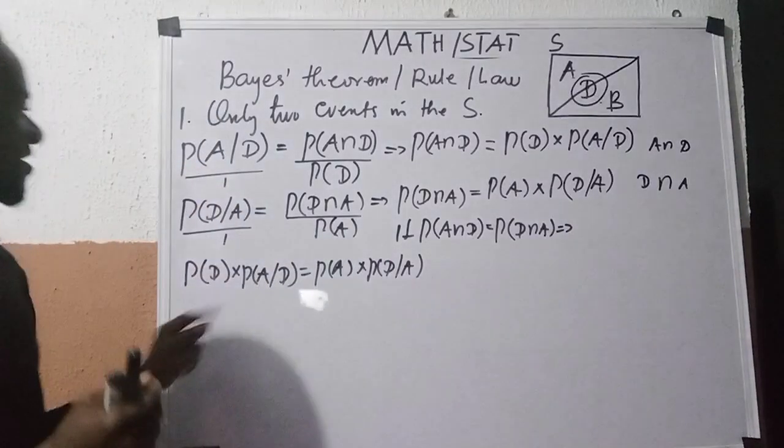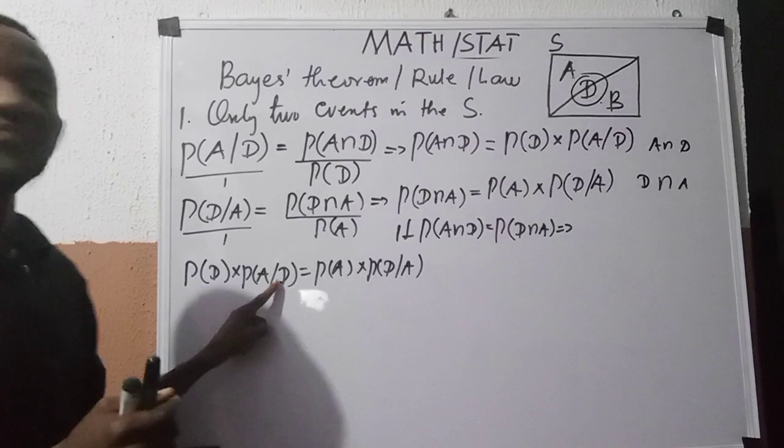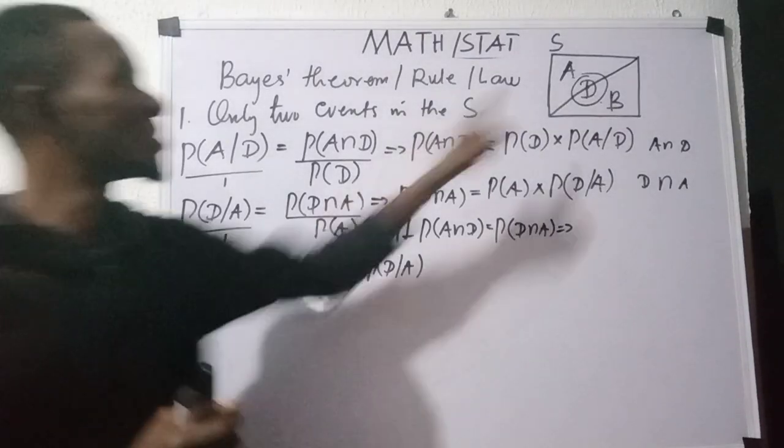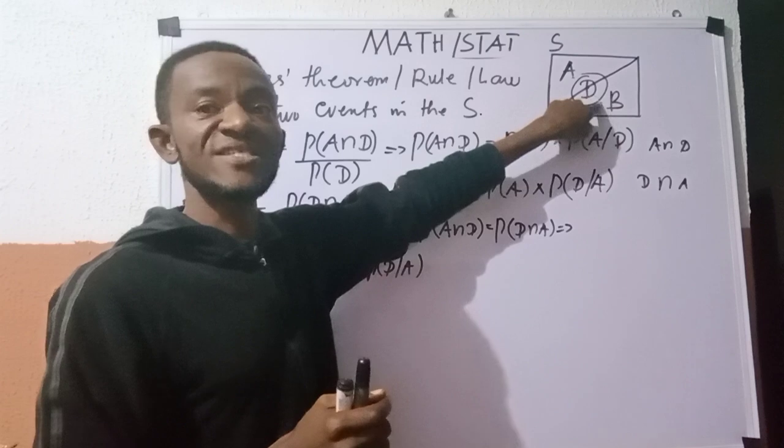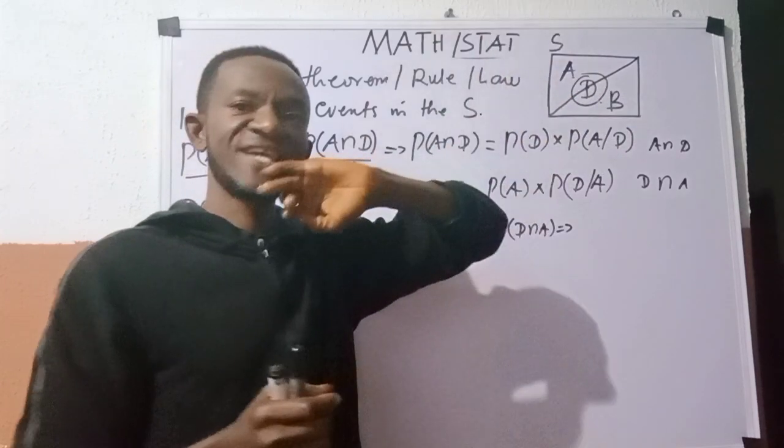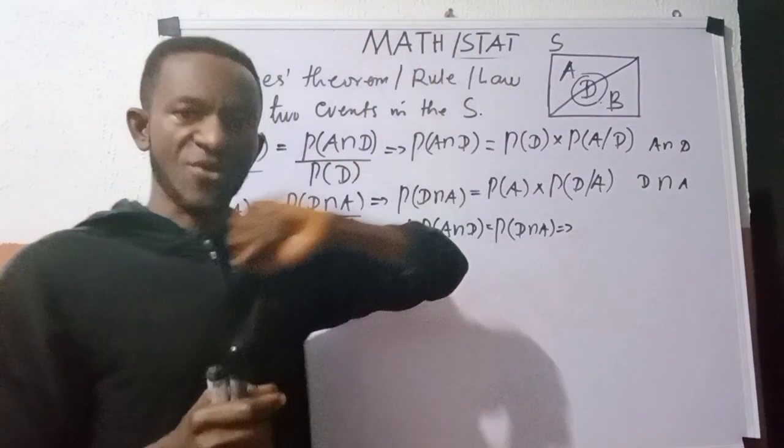Now, the interest here is to make P of A given D stand alone, which is where we began: the probability of A given that D, which was superimposed on this sample space earlier, had occurred.